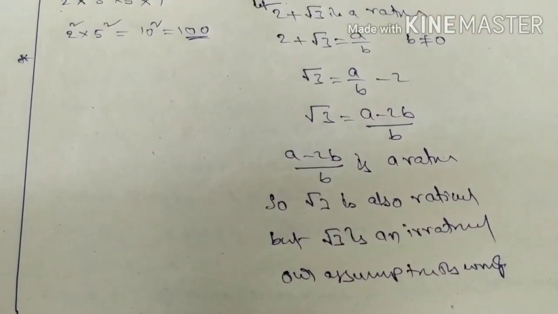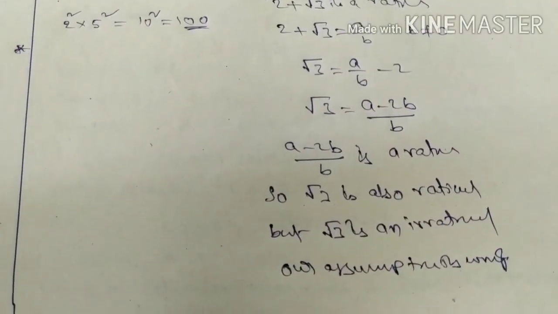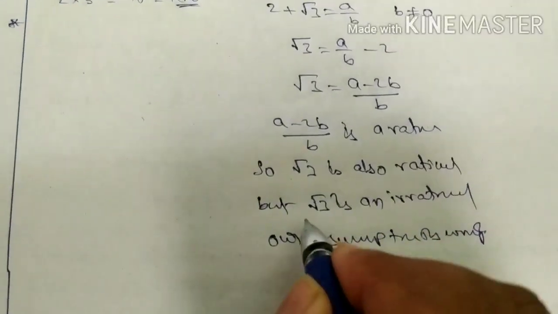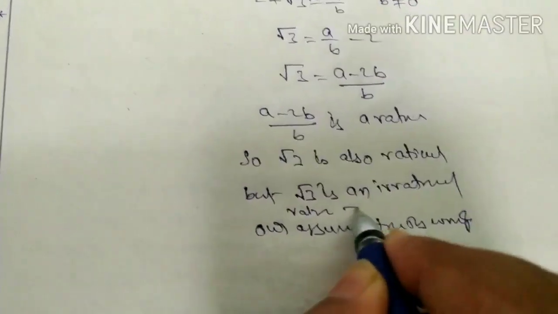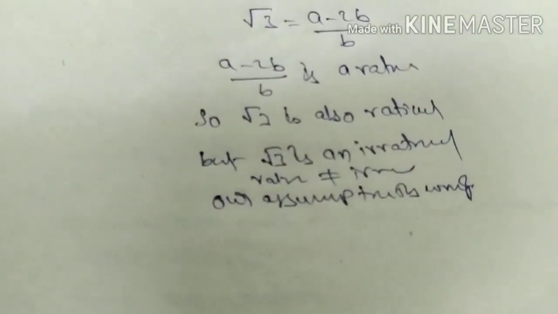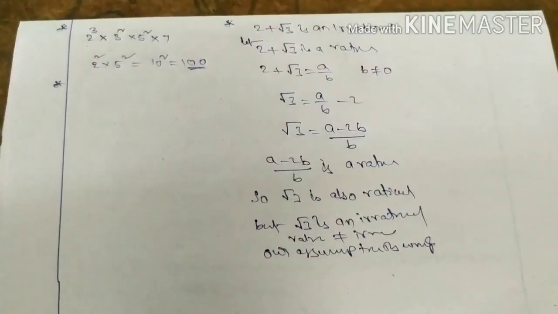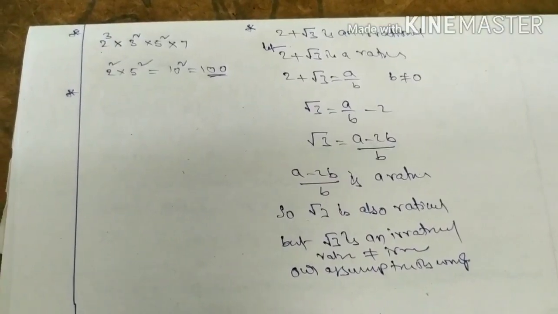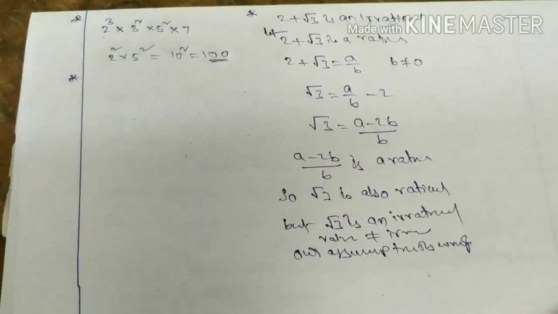A minus 2b by b is rational. So root 3 is also rational, but root 3 is irrational. Rational is not equal to irrational, so our assumption is wrong. Finally, 2 plus root 3 is an irrational number. This is one of the 1 mark questions. In the last 5 years they have given these questions.